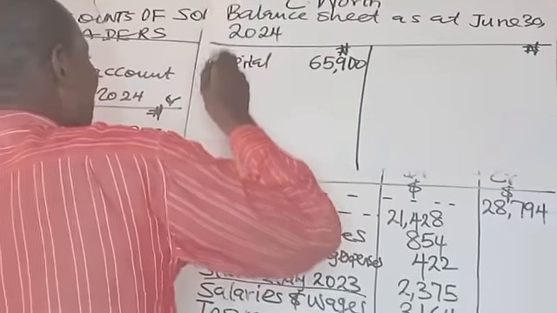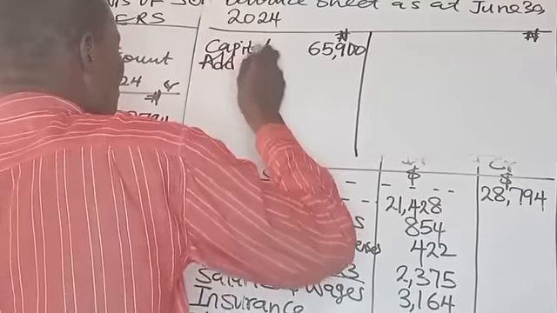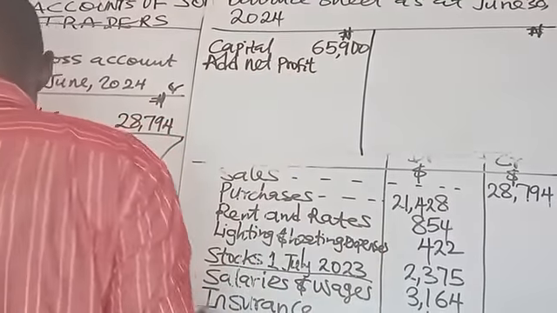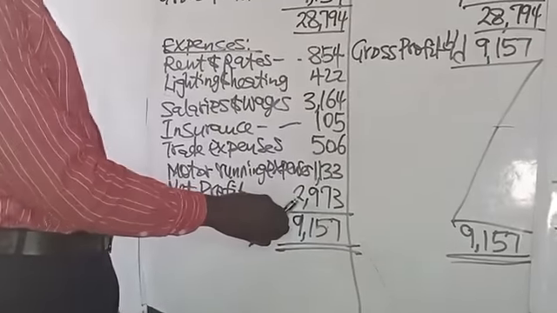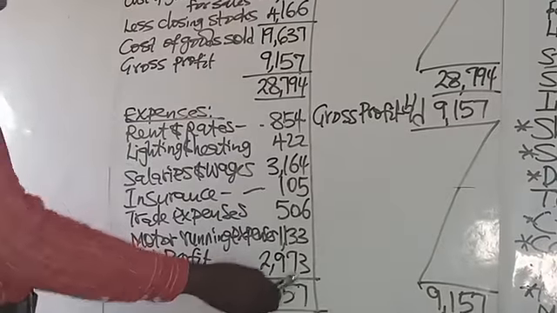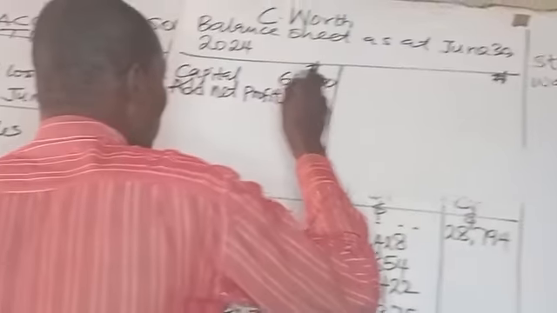Then we now add net profit. Back to profit or loss, we have the net profit of 2,973.